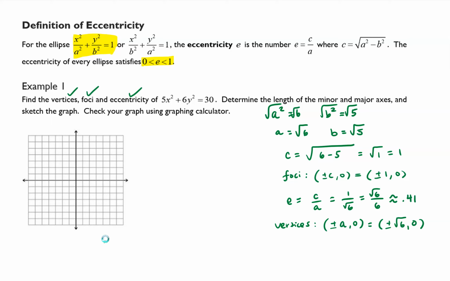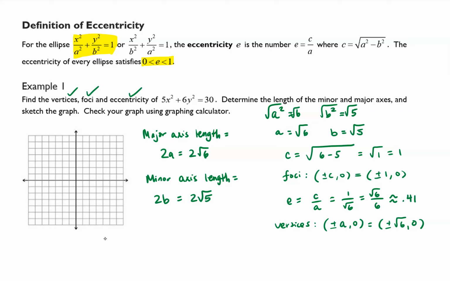Okay, so the major axis length is equal to 2a, which is 2 root 6 in this case, and then our minor axis length is equal to 2b, which is 2 root 5 in this scenario. Okay, so we've found the minor and major axis lengths. And now we just need to graph this.